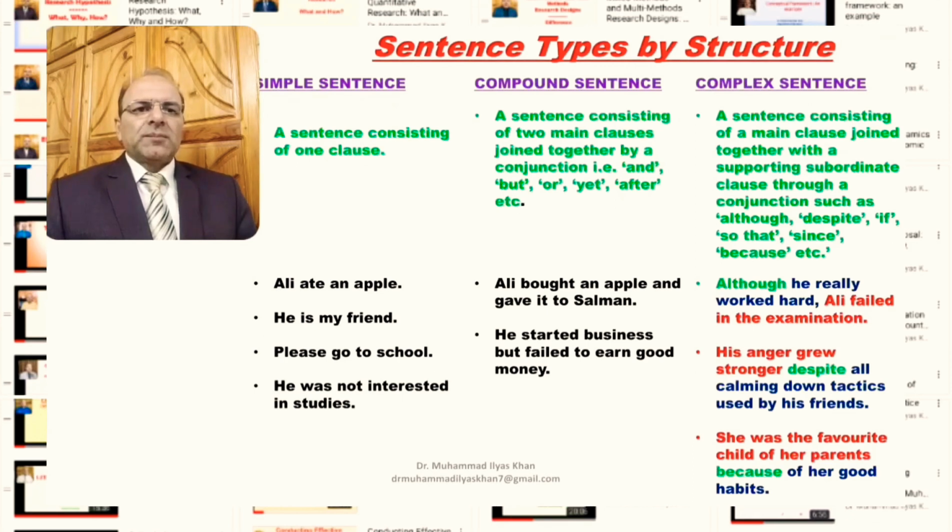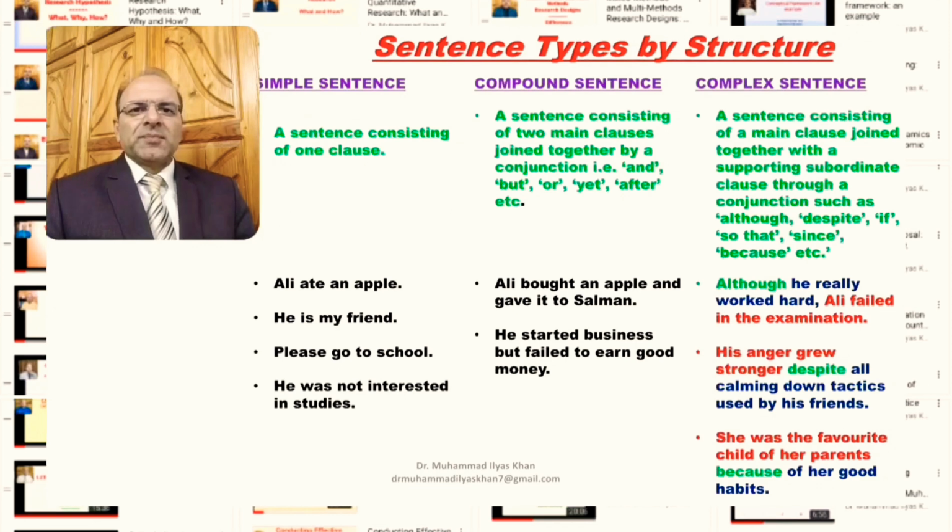Similarly, in the second one, his anger grew stronger despite all the calming down tactics used by his friends. Here his anger grew stronger is the main clause that can give sense on its own, but after the conjunction despite, all the calming down tactics used by his friends will not give complete sense without combining it with the main clause.